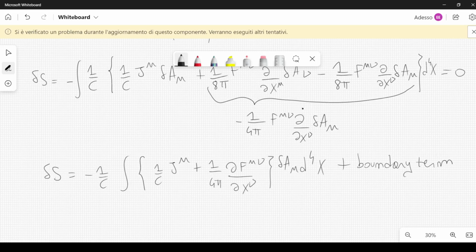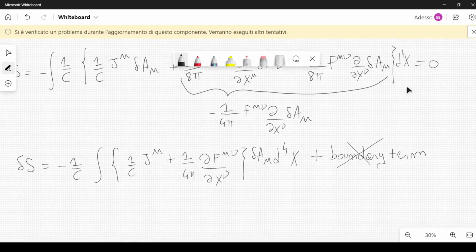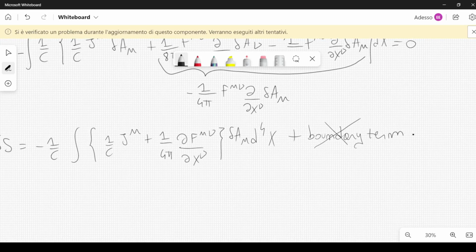So if you integrate by parts, this partial derivative will be applied to f mu nu. So the sign changes here due to the integration by parts, and then this boundary term will vanish because at the boundary, so at infinity, the fields are 0. And then here we set this equal to 0.